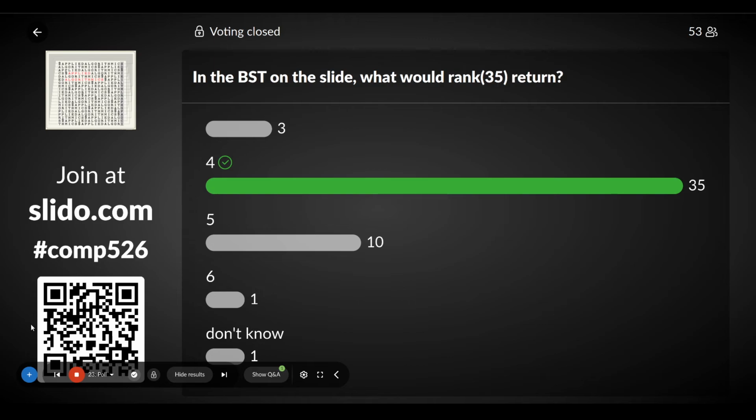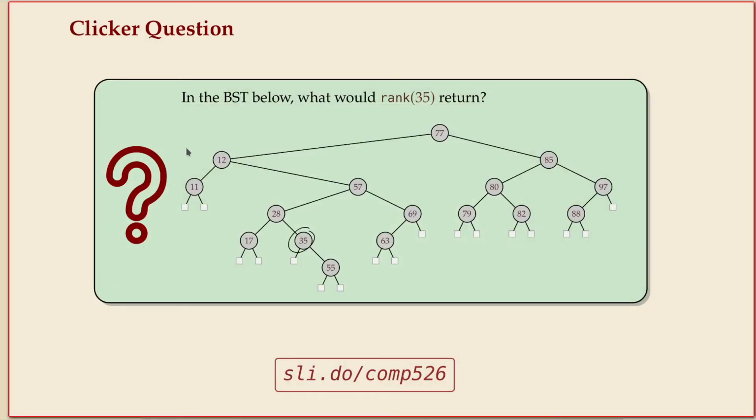Let's briefly see why 4 is the right answer. Remember that we draw binary search trees so that the keys nicely project in y direction onto the x-axis in sorted order. So this is the smallest, second smallest, and so on.